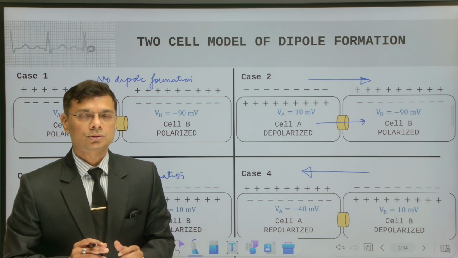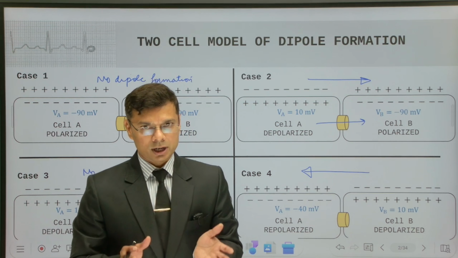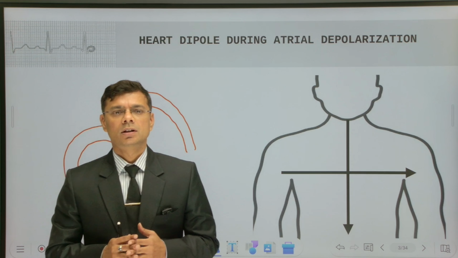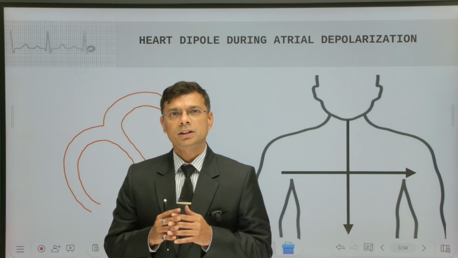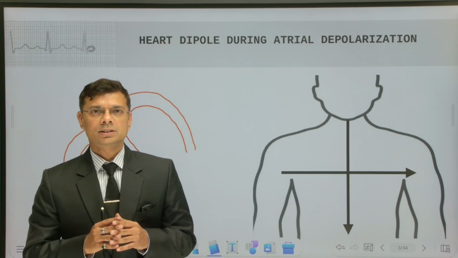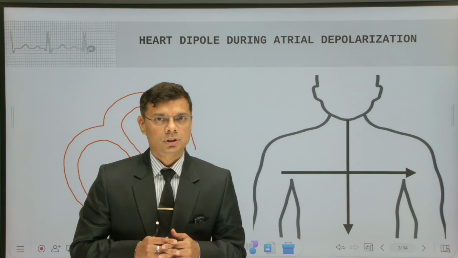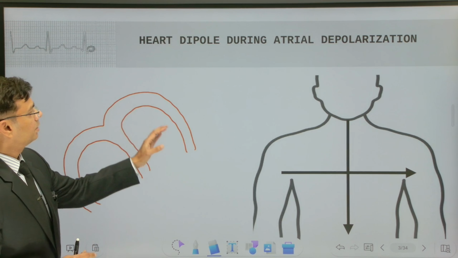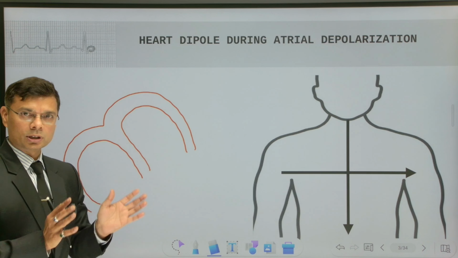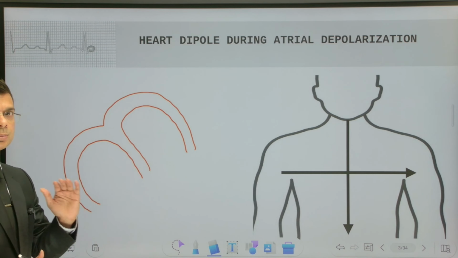Now we will focus on the heart, how the dipole forms in the case of the heart. As we know, electrical activity starts in the atrium, and it starts with the SA node. So let's first talk about the atrial dipoles. Initially, this atrium is at a polarized state. Polarized means the charge outside the cell membrane is positive.